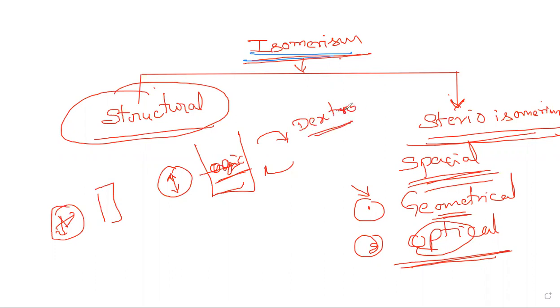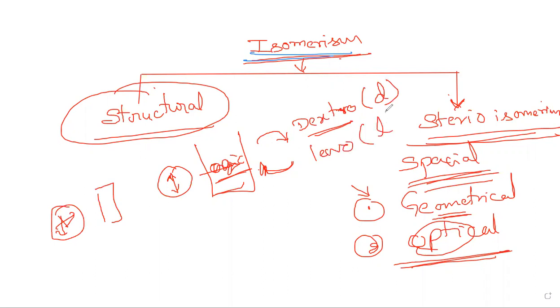Dextrorotatory is represented with the D configuration. Dextrorotation means the organic compound can rotate the plane polarized light towards the right side. And if the organic compound can rotate the plane polarized light towards the left, anti-clockwise, then it is called levorotatory.